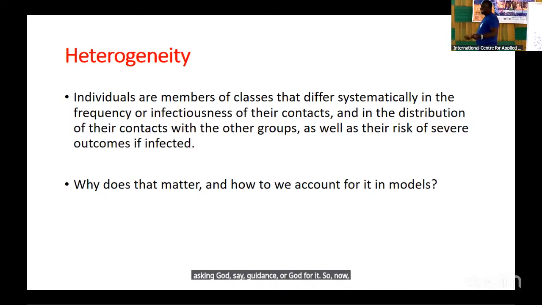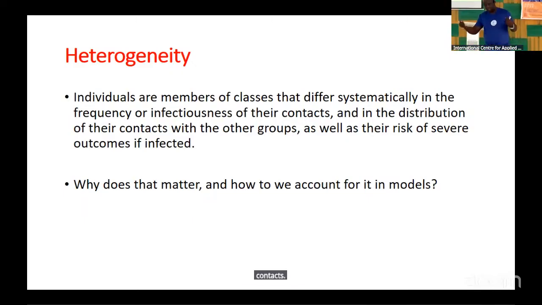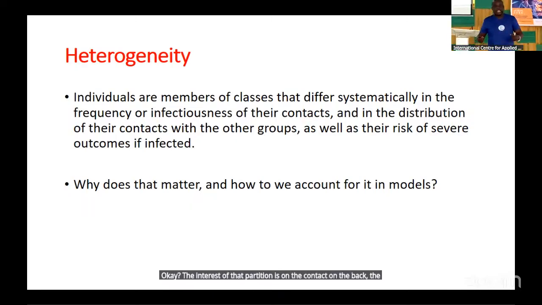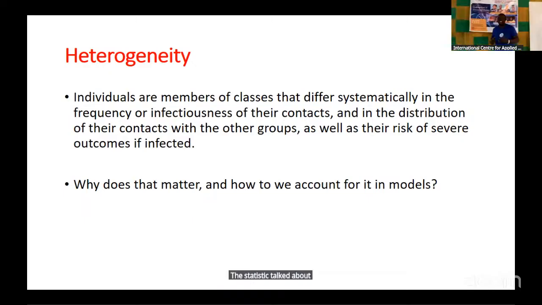Now, when you look at contacts: for a disease to happen, there must be contacts. The contacts can be successful or not successful, but there must be a contact. The interest of mathematicians is in the contact, whereas statistics talks about the patterns, the variables, and how each of those variables relate or associate with each other.